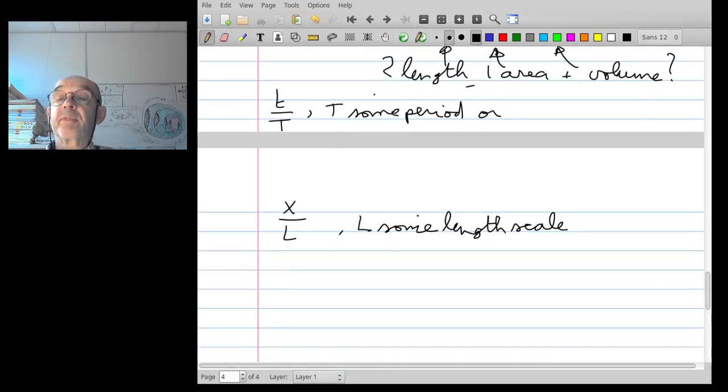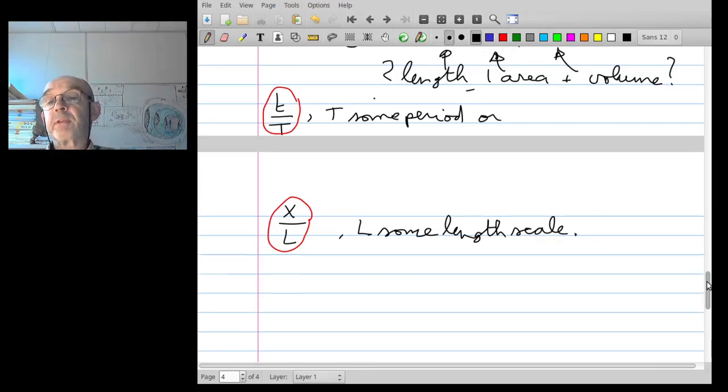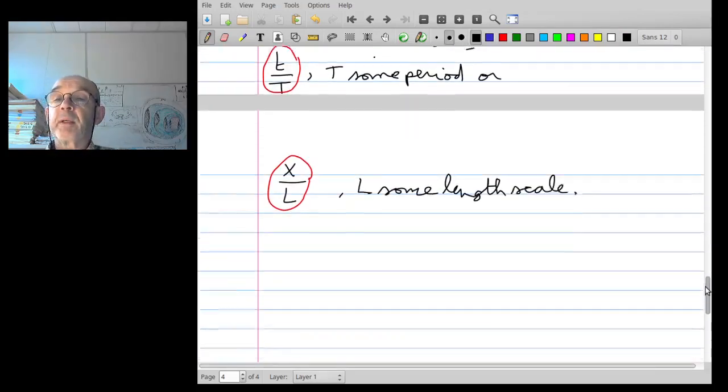Those variables, t divided by T and x divided by L, are dimensionless. And it is very good, if you have ever a problem, to work with dimensionless variables. Now, I will not say something about it, but be careful and think.